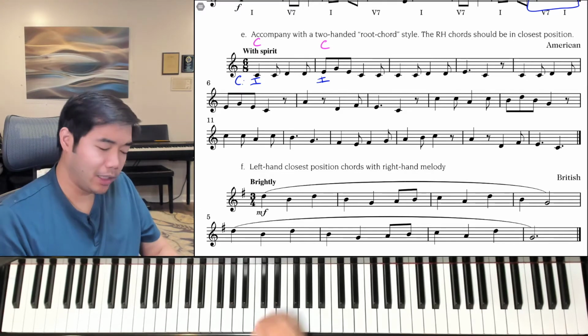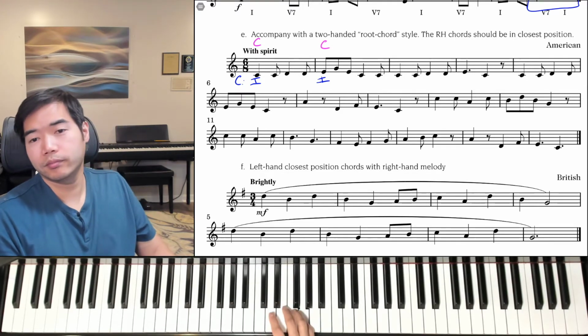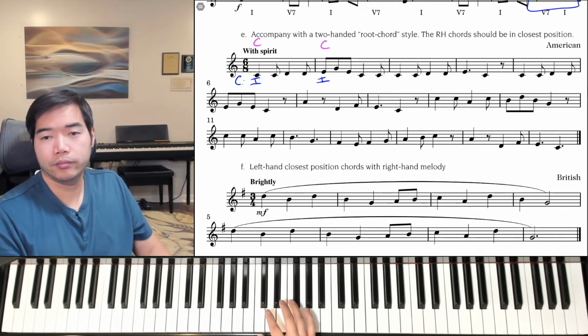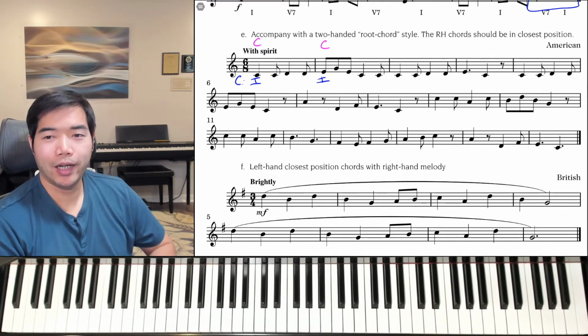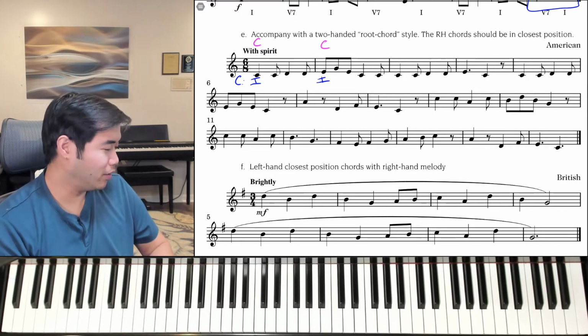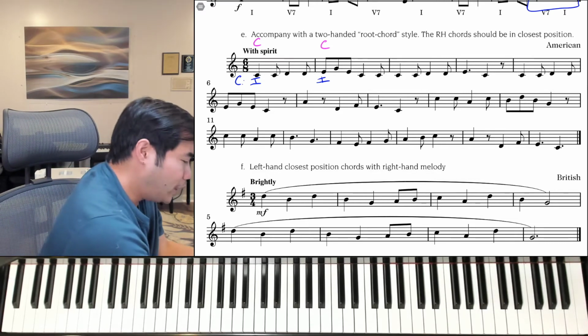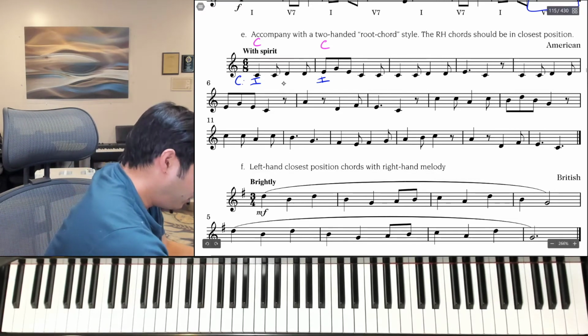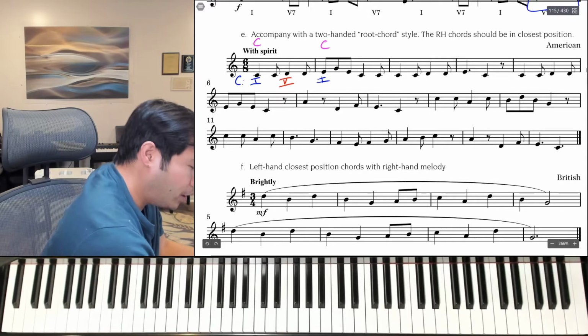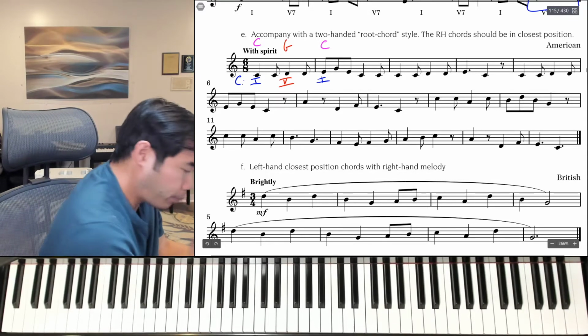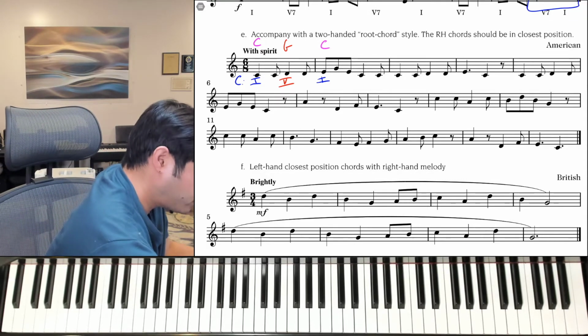Now if we look at the melody, we'll recognize the song. So let's actually throw in a 5 chord here, just so it's a little bit more interesting. You could do it all in a 1, but let's just do a 5 chord.